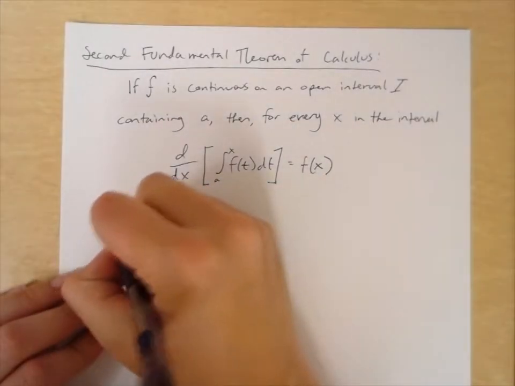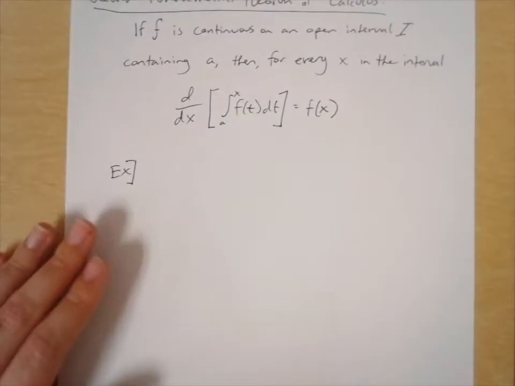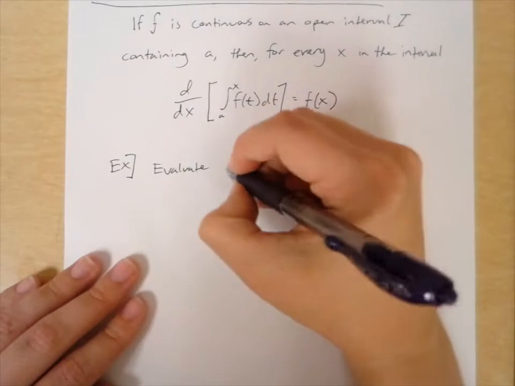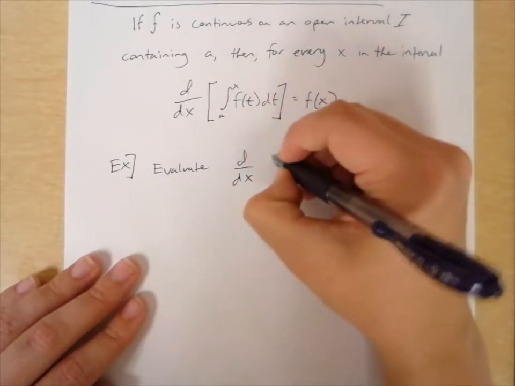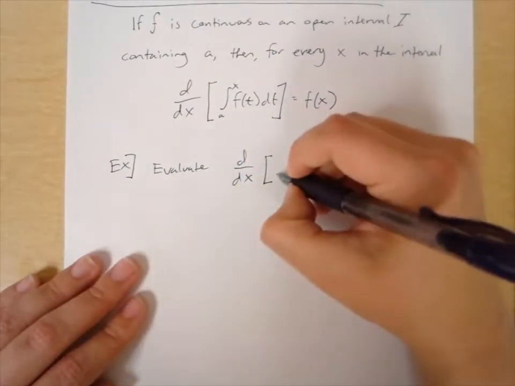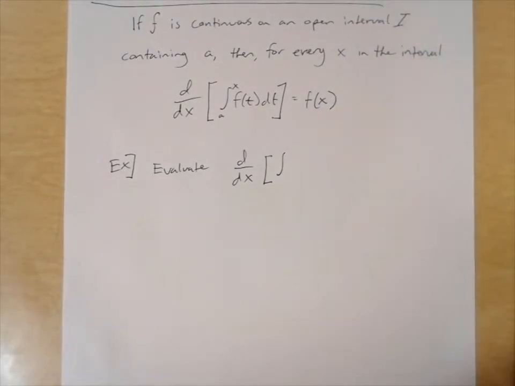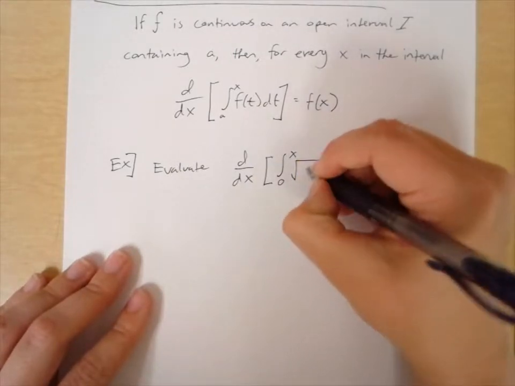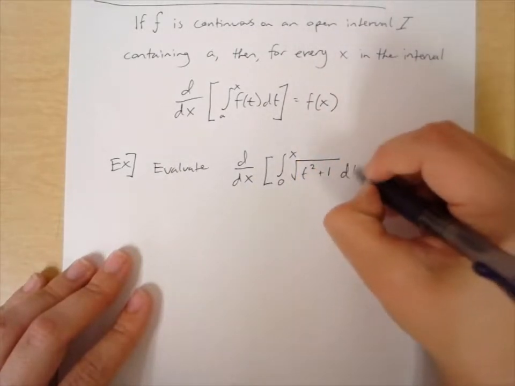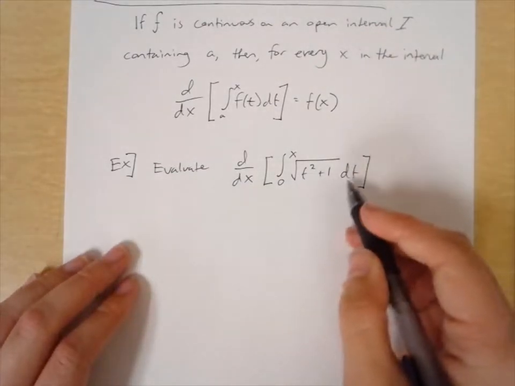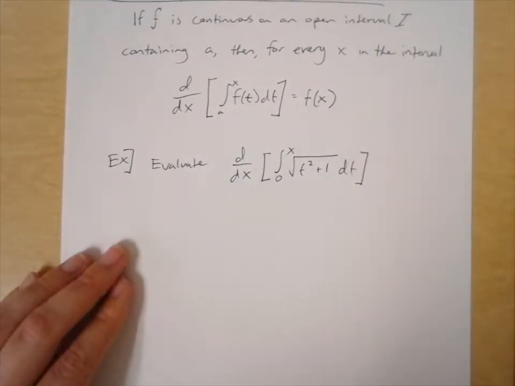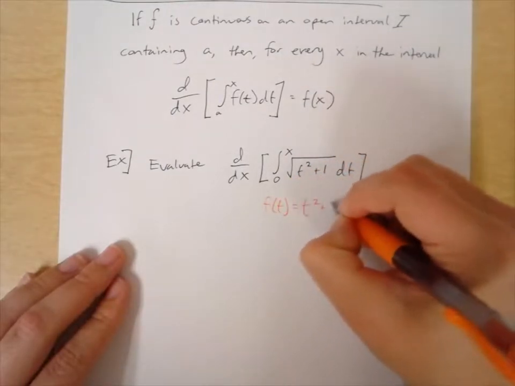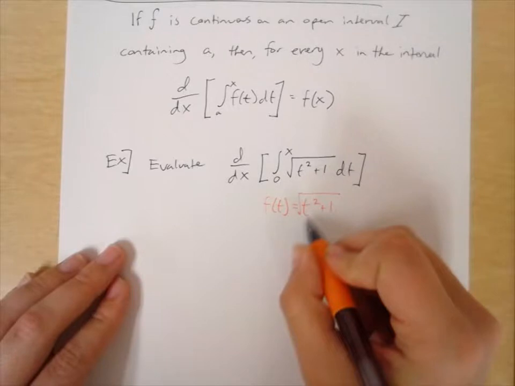And so, for example, let's look at something kind of simple. Let's say we were asked to evaluate the derivative d dx of the integral from 0 to x of radical t squared plus 1 dt. Notice dt is not underneath the radical. First of all, f of t is equal to radical t squared plus 1.